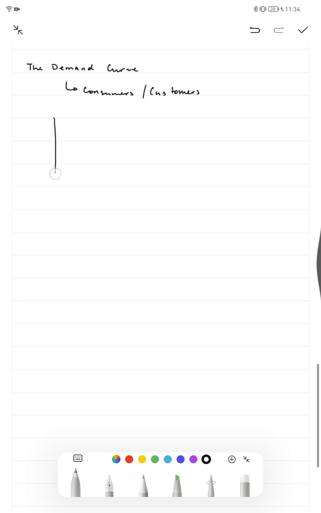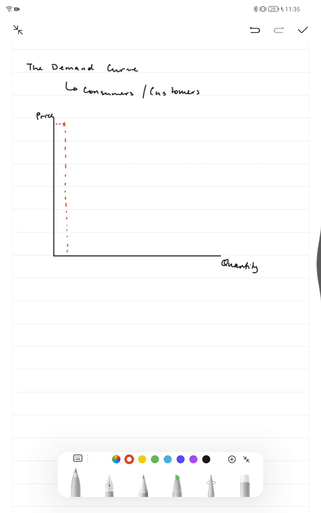So with our demand curve, we are always going to have price on the y-axis and quantity on the x-axis. So we can assume that if the price is very high, the quantity demanded would be pretty low, which makes sense, because if something is very expensive, you can only buy a little bit of it.